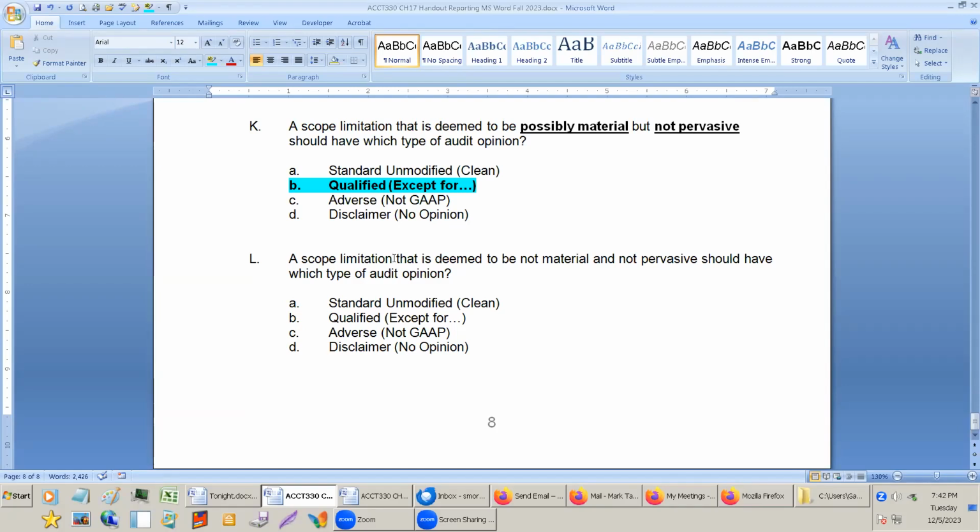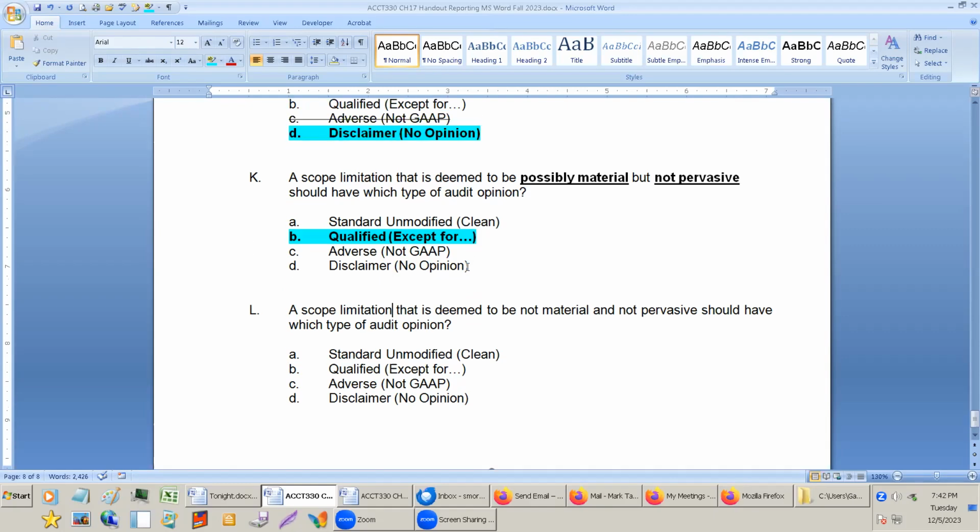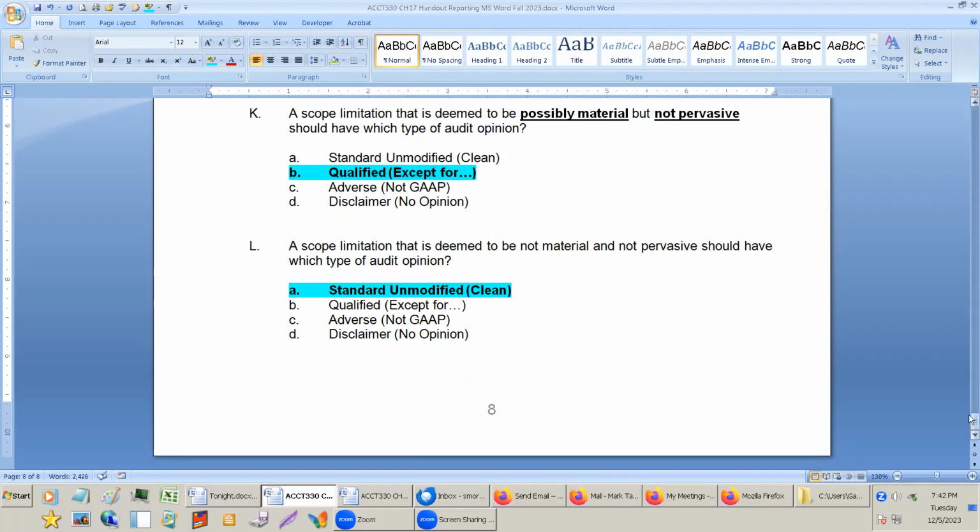We can't see something we want to see, but we find out it's not material and it's not pervasive. A. Yep. And actually, if this is not material, that's it. So there you go, standard clean form.